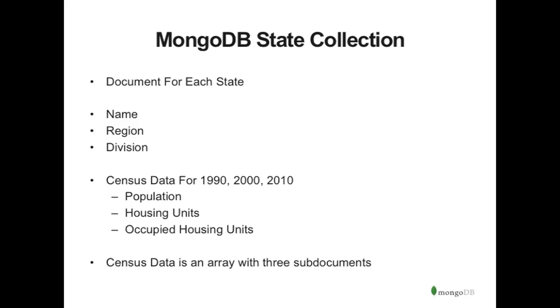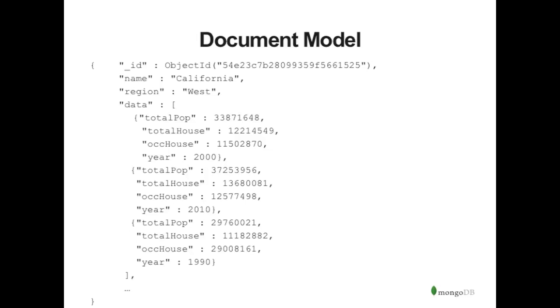I've organized this in my document model so that the census data is embedded in an array that has 3 values, one for 1990, one for 2000, and one for 2010. Let's take a look at what a sample document might look like. Here is what a document looks like for California.